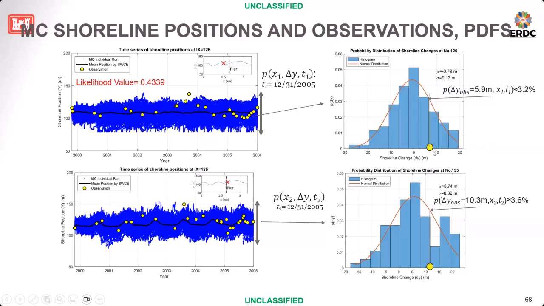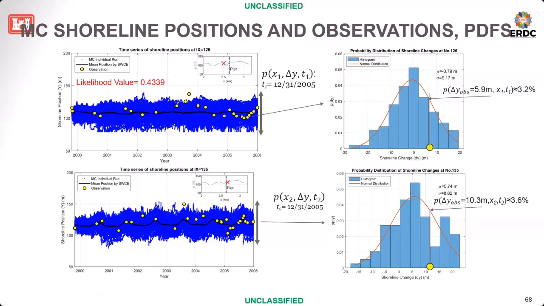For example, historically shoreline erosion during this time is about 5 meters and shoreline accretion at this time is about 6 meters, and the probability based on this Monte Carlo result is about 3.2%. That tells us we can do predictive estimation of uncertainty and risk.